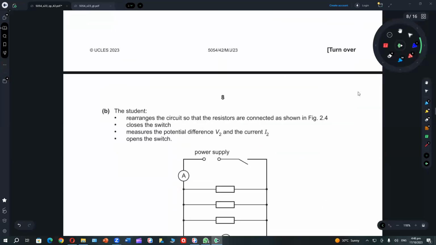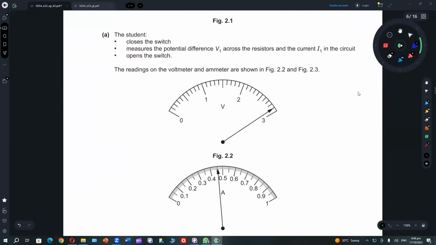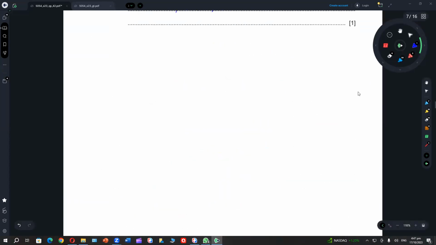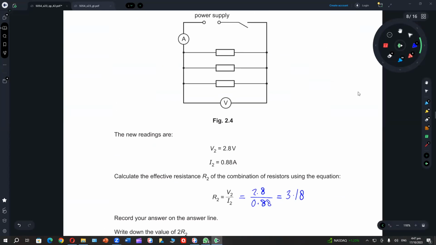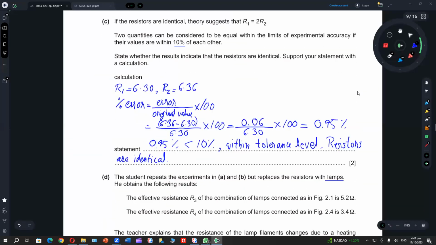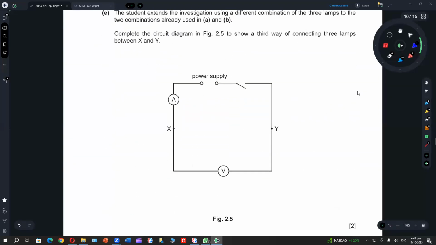When you started this big long question, 2 lamps were in series and 1 was in parallel. In the second combination, all of them were in parallel. So obviously there are many other combinations possible. Just remember, do not make the circuit which is already used.